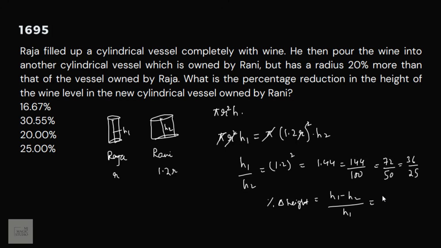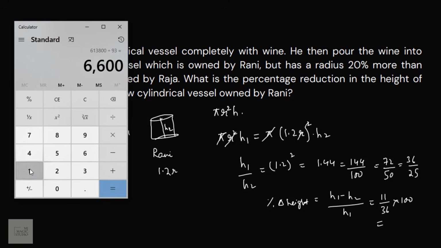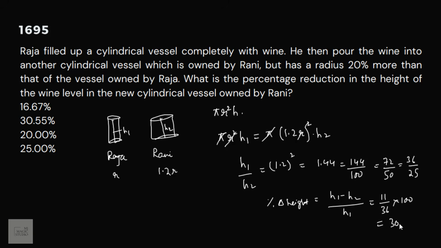Reference frame is the old one. 36 minus 25 is 11, so 11 by 36 into 100. That should be 30.55%. It features in option B.